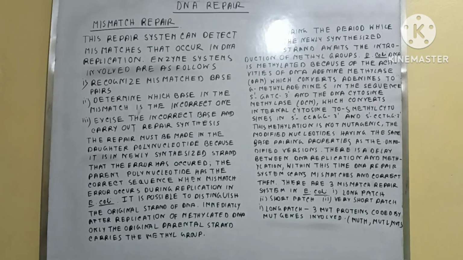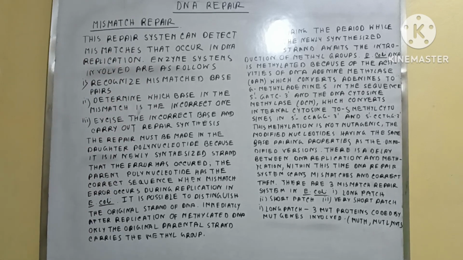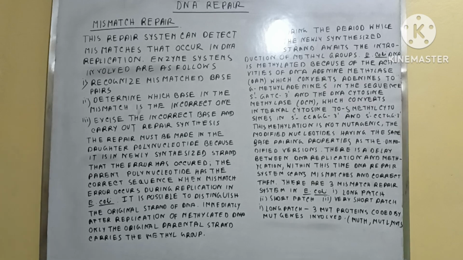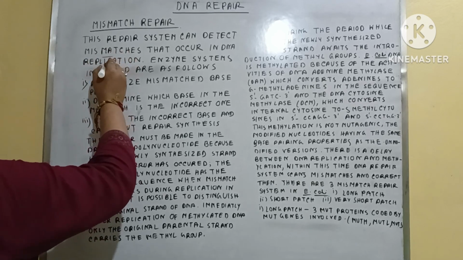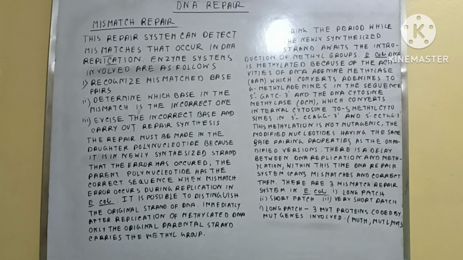So here the mismatch system is the repair system. What is the function of this repair system? It can detect the mismatches that occur in DNA replication. That means during DNA replication, if any mismatches occur, these are corrected by the repair system.